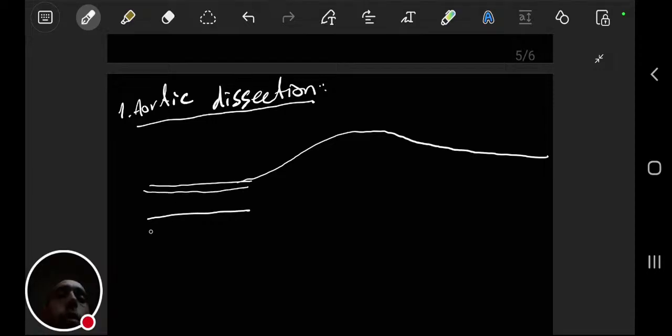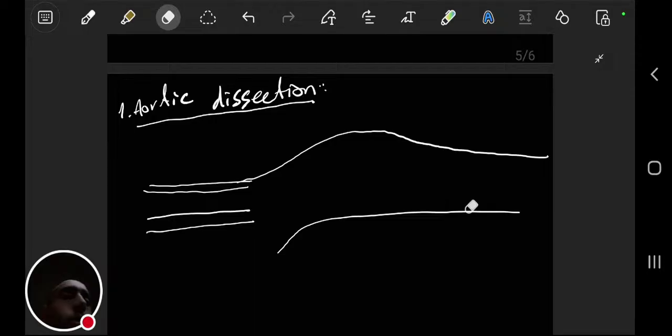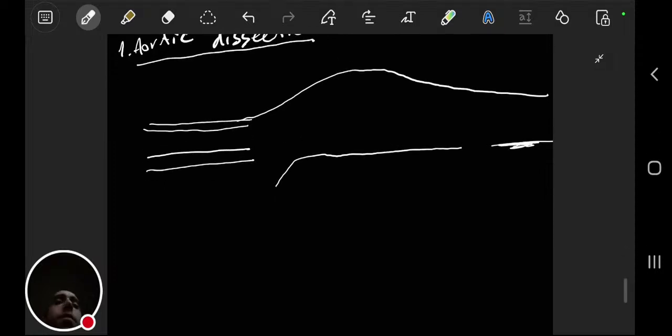So we start with a drawing. So this is the lumen, let's call it the true lumen of the blood vessel.